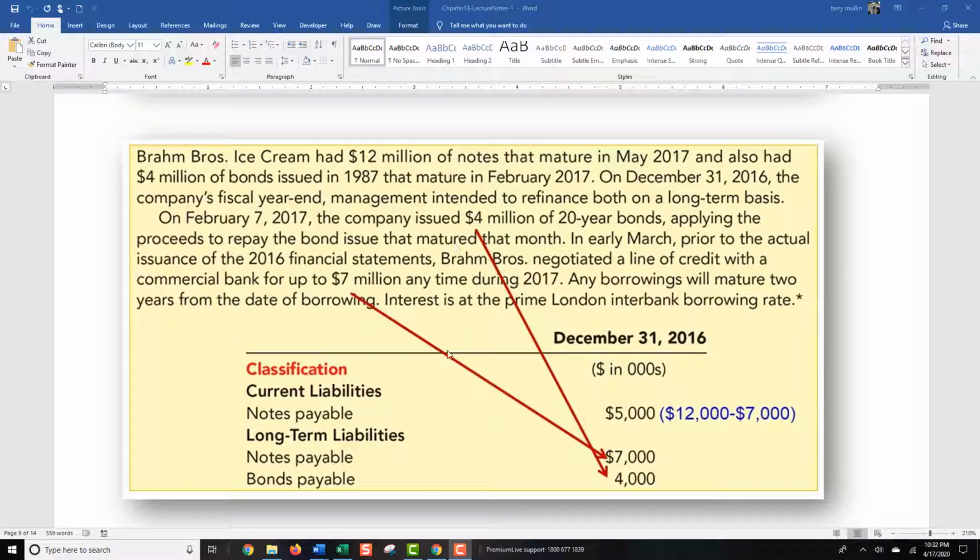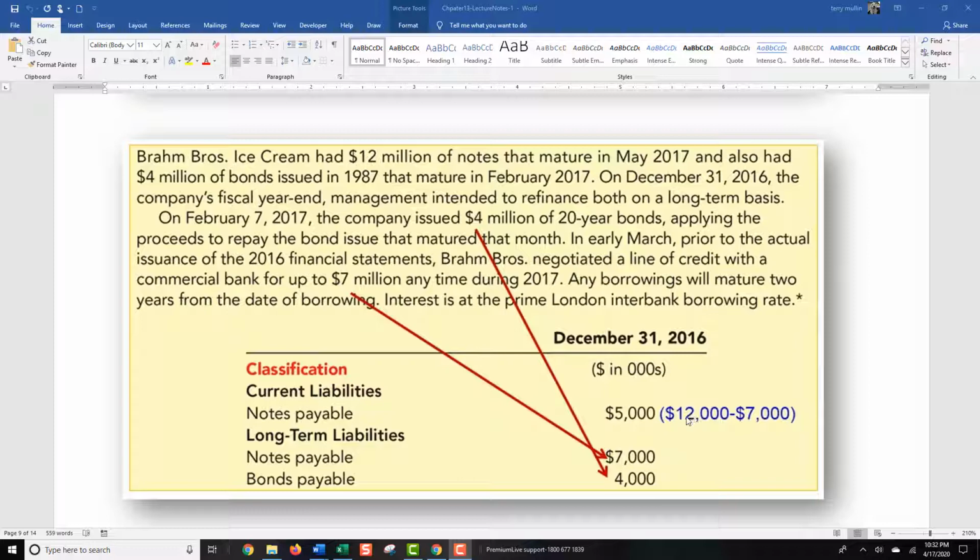So that $4 million in bonds, right? The $4 million of the long-term bonds, where was that? This $4 million bonds up here is just going to be replaced with the $4 million bonds. So that's going to be swapped out.